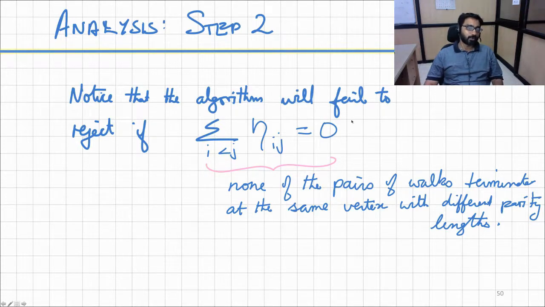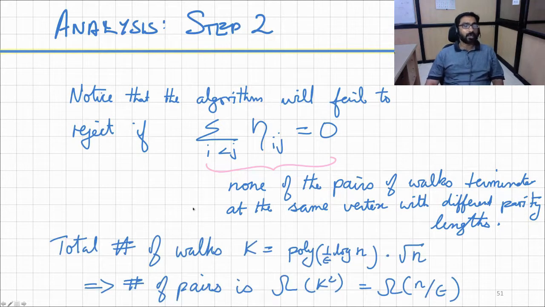And remember, this whole analysis is under the assumption that the graph is actually far from being bipartite. So this would be the bad event. If this event were to occur, then our algorithm is incorrect, and so we need to ensure that the probability of this event is small.